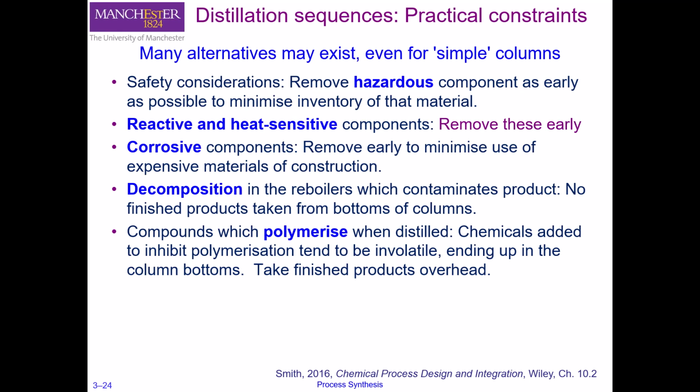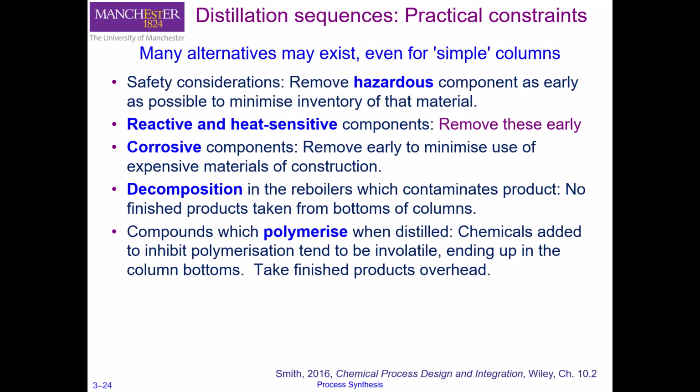Fourthly, if we have compounds which are heat sensitive and decompose, their decomposition products become an impurity. Generally, those impurities tend to head towards the bottom of the column. Therefore, we would prefer to take our desired product from the top of the column, not the bottom, just to avoid contamination.